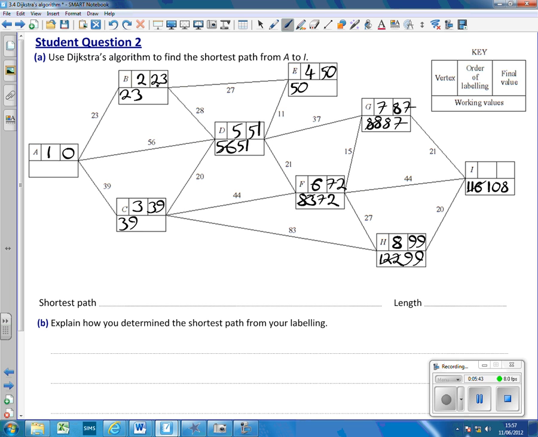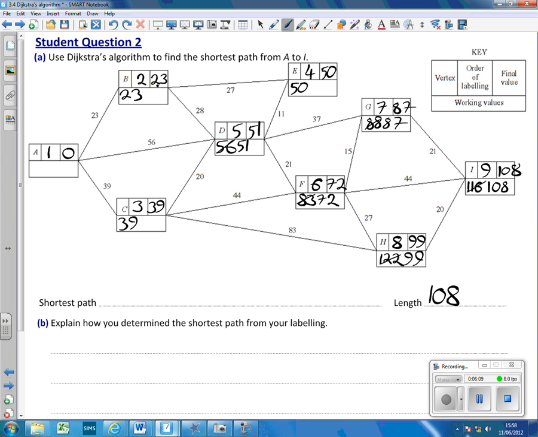Just one thing to consider, which is the only vertex that's not yet permanently added, and we're going to do 99 add 20. It's not an improvement, so 108 will be the shortest length. But do label this up here. 108 is the shortest length.